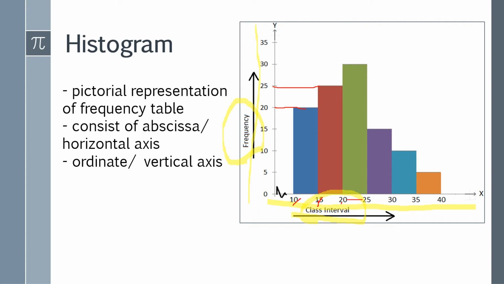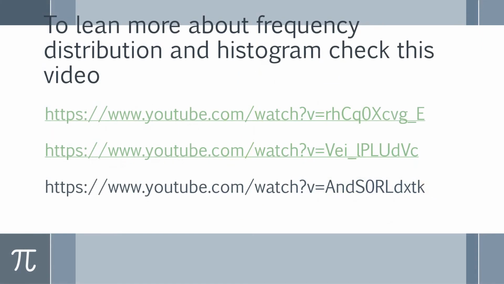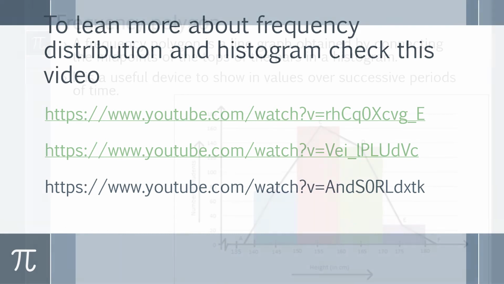Between 20 and 25, yung frequency count natin is 30. Okay, so that's how to create your histogram. So these are just few instructional videos that you can watch in YouTube so that you will be more familiar on creating your histograms.